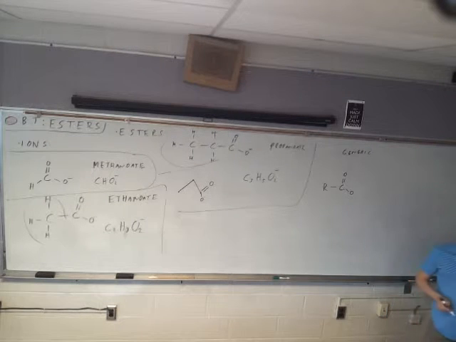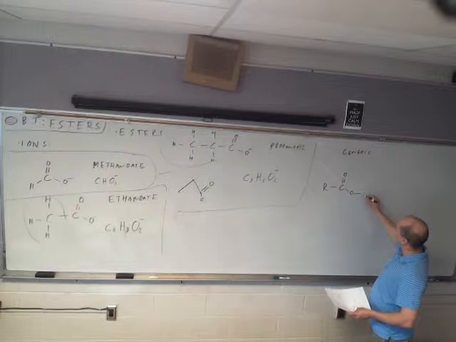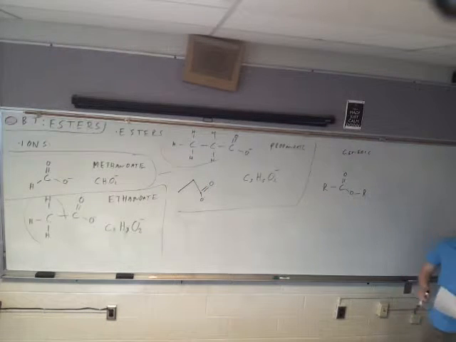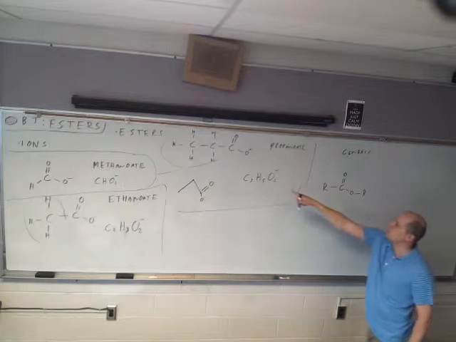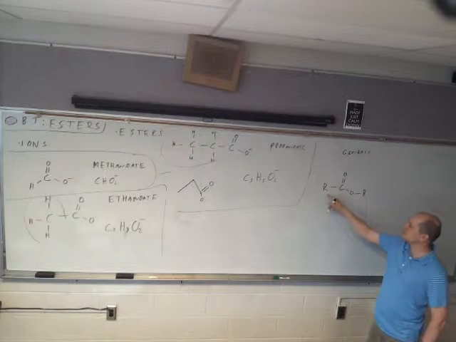Oh, that's so much easier. So this is your ion, but then on the other side, you're going to have another R group. So some more carbons. R is just a chain of carbons: 1, 2, 3, 57 carbons, doesn't matter. It's a certain number of carbons, so it changes depending on which one it is. For that one, R is 2 carbons. For that one, R is 1 carbon. For that one, it's just a hydrogen.